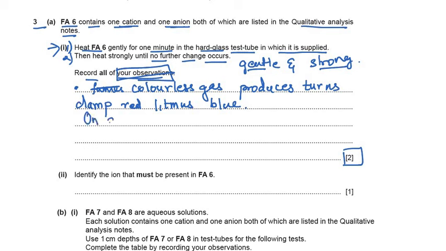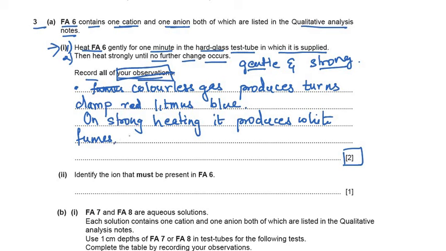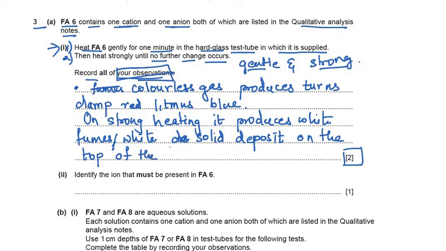So on strong heating, it produces white fumes, or in some cases, some candidates might observe that in place of white fumes, there is a white solid deposit on the top of the tube. So this is how we are going to write our observation, in two parts.